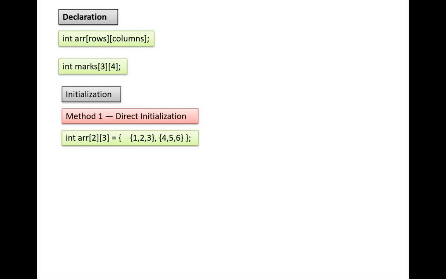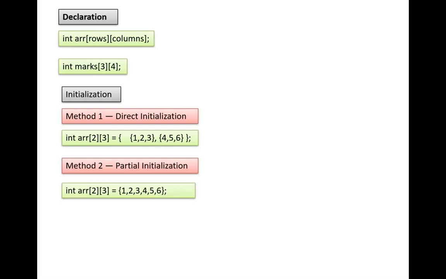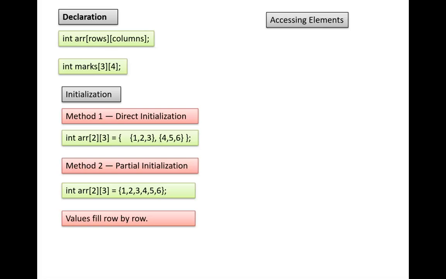The curly braces differentiate the rows here. There are 2 rows. Inside 2 rows, there are 3 column elements. Or I can do it with this method, which is called partial initialization, where I directly give all the 6 data items. Even if I don't discriminate rows here, the data items get filled row by row.